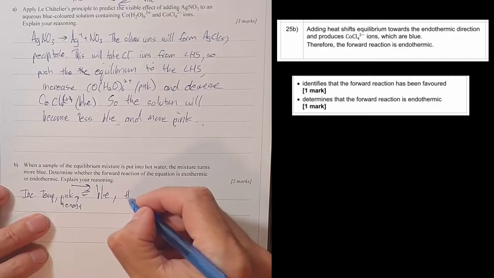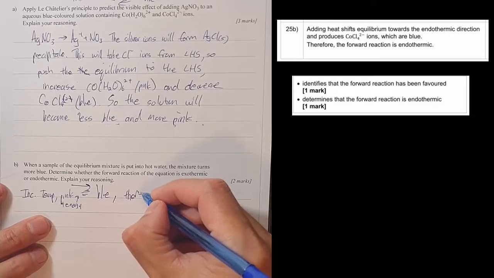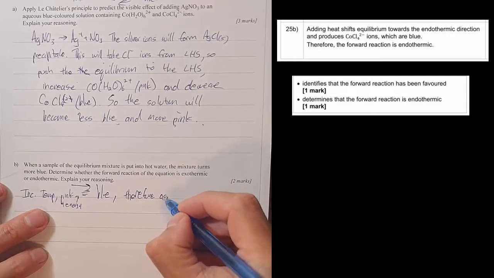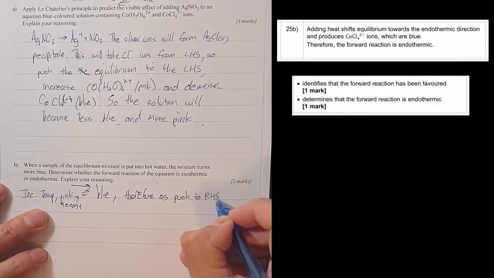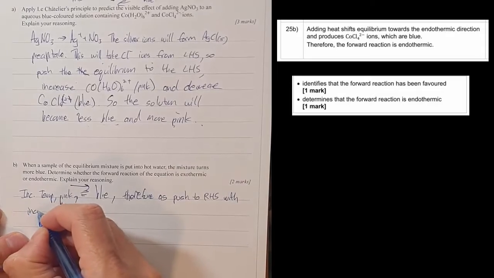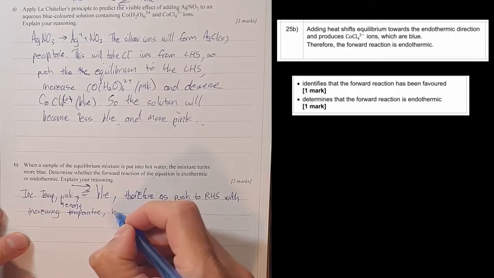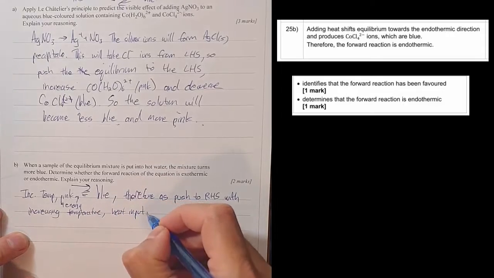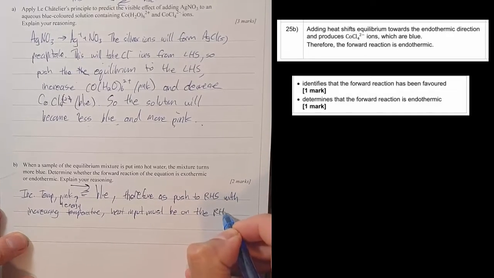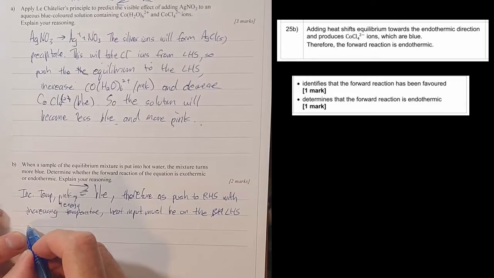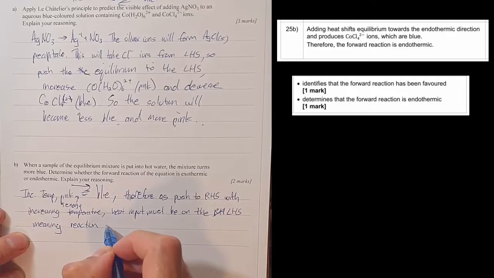Explain whether the forward reaction is exothermic or endothermic. So as it pushes to the right-hand side with increasing temperature, heat input must be on the left-hand side, meaning the forward reaction is endothermic.